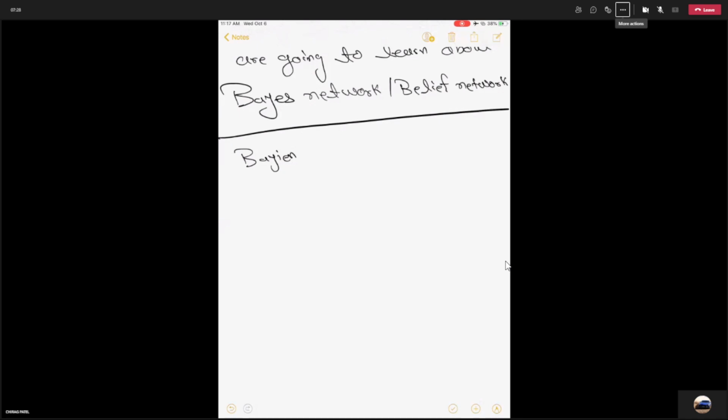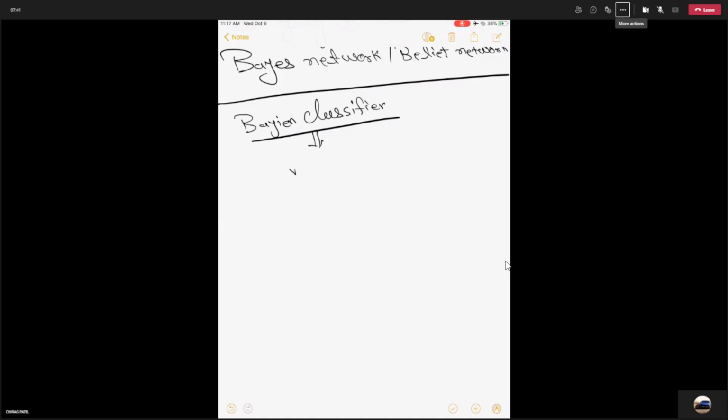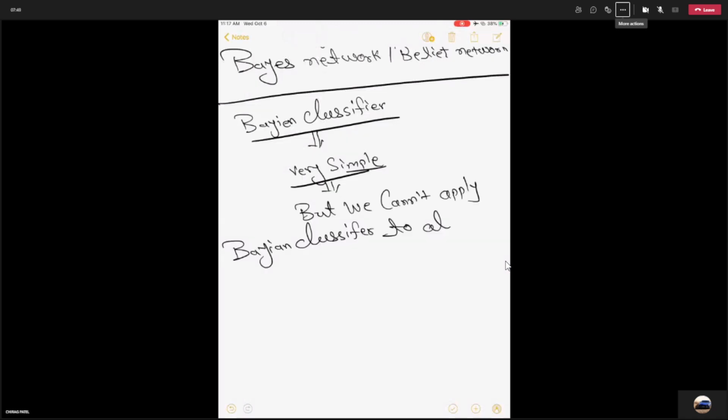The Bayesian classifier is very simple, but we cannot apply it to all the problems. Why can we not apply it?